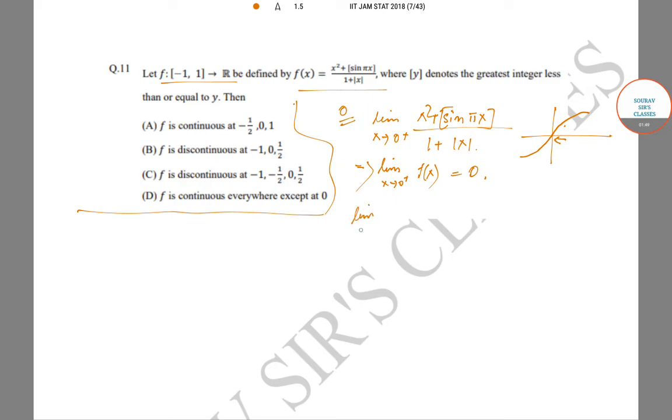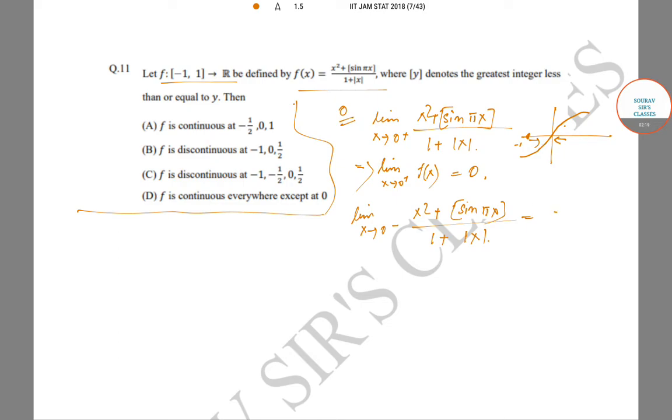Now what is limit x goes to 0 minus of x square plus box of sine pi x by 1 plus mod x? As x goes to 0 from the negative side, pi x also goes to 0 from the negative side. In this case, however, box of sine pi x will be minus 1 because sine pi x goes to 0 but from the negative side.